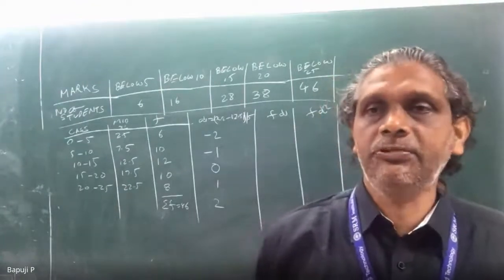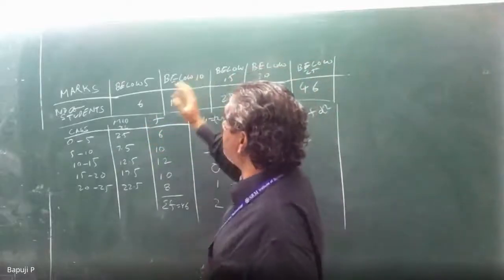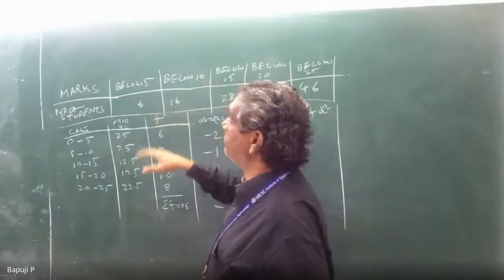But then the values 6, 16, 28, 38, 46, these are also the fi. No, that is below 5, 6. Below 10 includes this 6 also. Not like this.